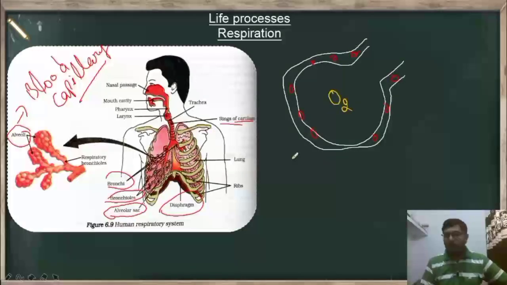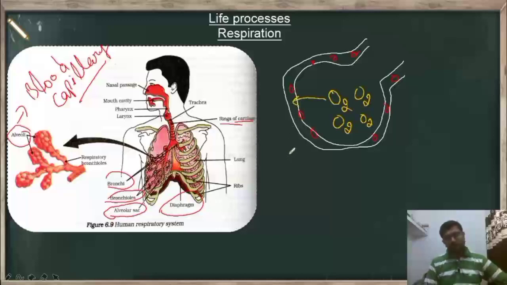So what is diffusion? Diffusion is the process of movement of molecules from higher concentration to lower concentration, right? Since the alveoli contain a high concentration of oxygen and there is a lower concentration of oxygen in the bloodstream, this oxygen enters into the bloodstream by the process of diffusion, and in turn the blood carries carbon dioxide, and this carbon dioxide, which is carried from the cell, is released into the alveoli.